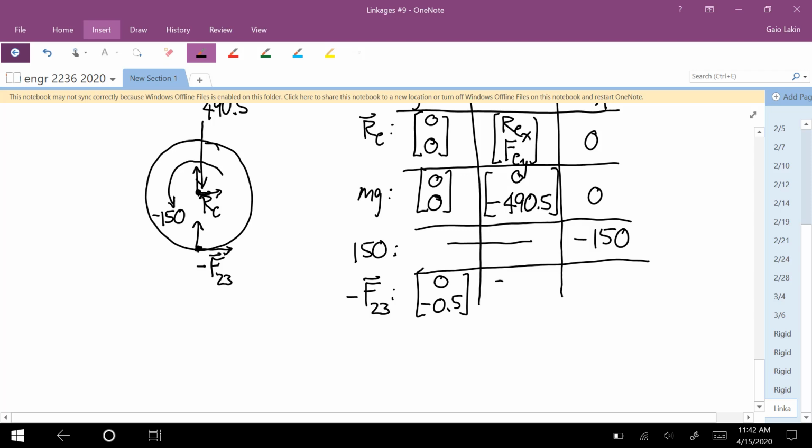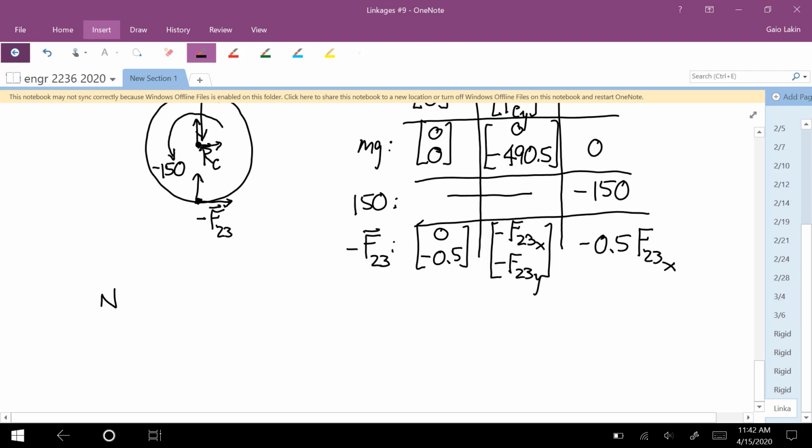The force vector is negative F23x, negative F23y, and the moment is negative 0.5 F23x.